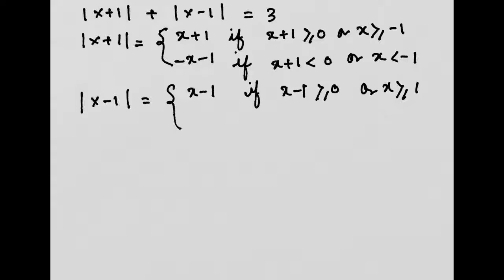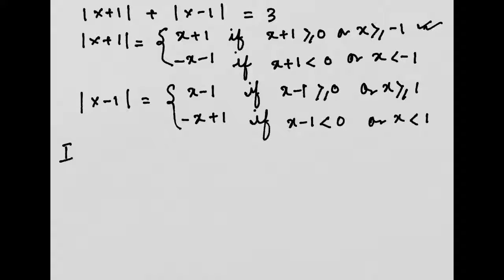Or I am multiplying by the negative sign, minus x plus 1, if this original value x minus 1 is less than 0, or x less than 1. Now for this case 1, I'll take these two conditions first.